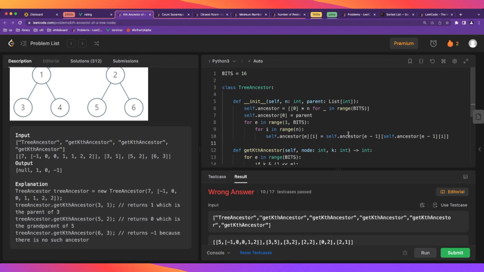This is the double-edged sword of Python, because you can use a -1 index. That's why this doesn't crash, because we are accessing the -1 position, I think, here.